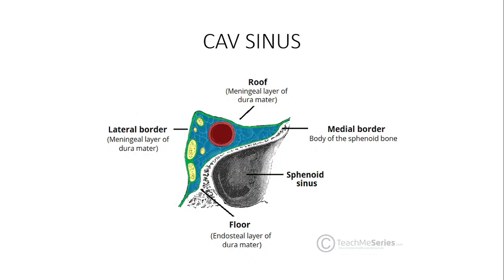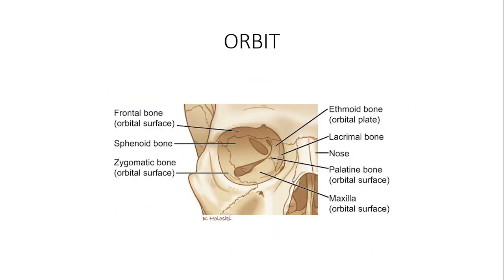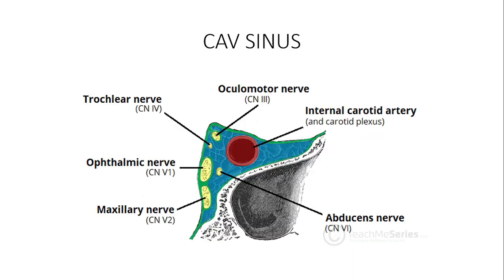It's not represented here, but remember the superior orbital fissure is here. That constitutes the anterior border. The posterior border of the cavernous sinus is made up of the petrous portion of the temporal bone.